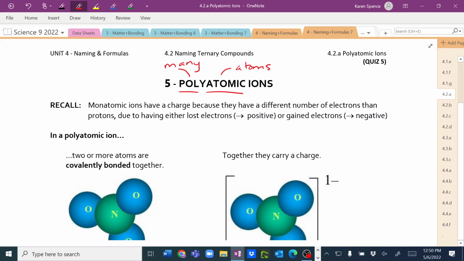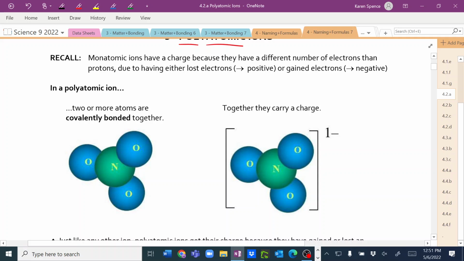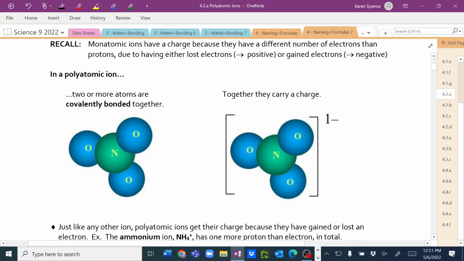Monatomic ions have a charge because they've either lost or gained electrons. Polyatomic ions also have a charge because they have lost or gained electrons. However, in a polyatomic ion, we have 2 or more atoms bonded together.